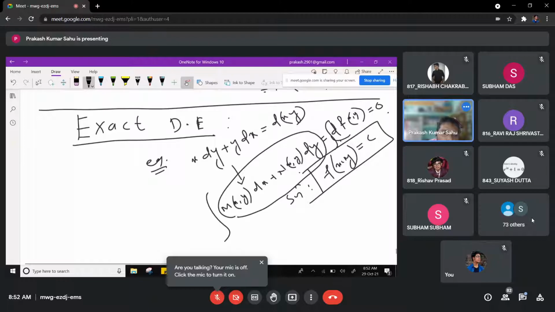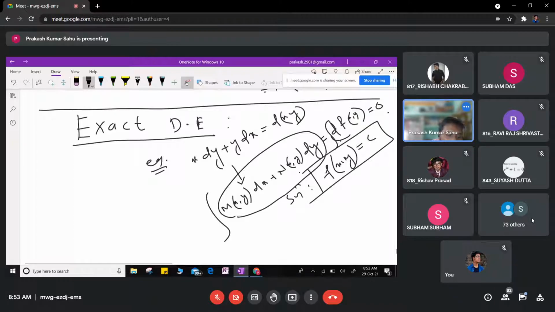So this is the differential equation, but the condition is different. You can check whether the differential equation is exact or not, and how to find the solution. Simple shortcut methods are there. Understood my point? How to find the solution of an exact differential equation, and how to check whether the given differential equation is exact or not.